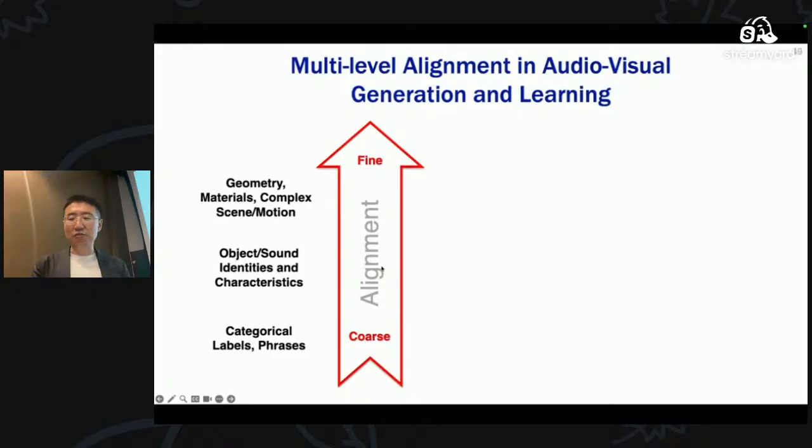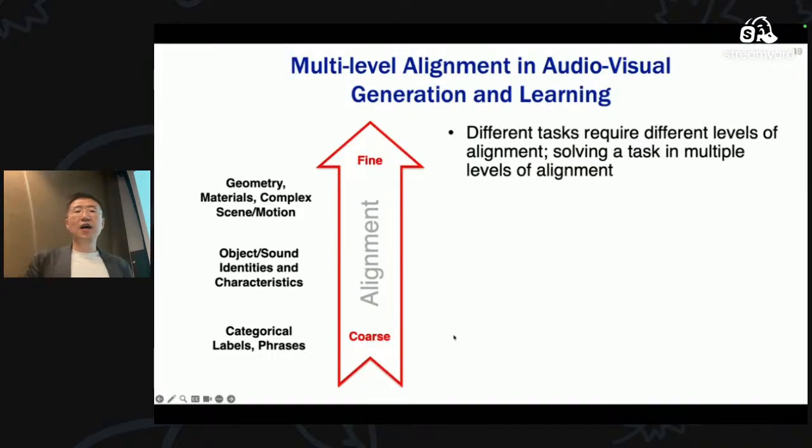All right, so now to conclude this talk, I've talked about different levels of alignment, and different audiovisual tasks require different levels of alignment. You can also solve a task at multiple levels of alignment. For example, for sound separation, right now we just pay attention to categorical labels, but you can actually separate two different persons playing violins together, and in that case, you would need to go into more detail about object identities and characteristics.